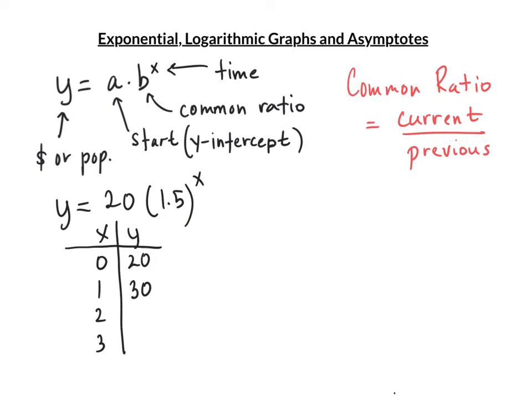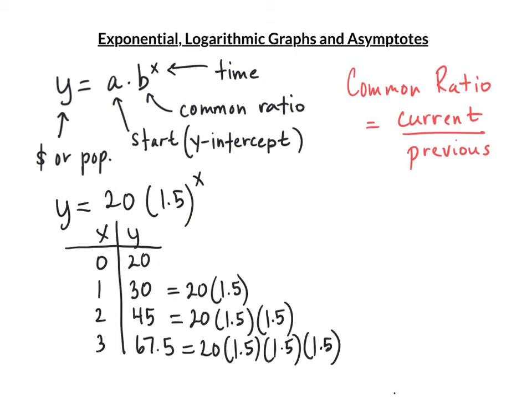When I plug in 2, it's 20 times 1.5 to the second, which is 20 times 1.5 times 1.5, which is 45. And when I plug in 3, 20 times 1.5 to the third, that is 67.5.